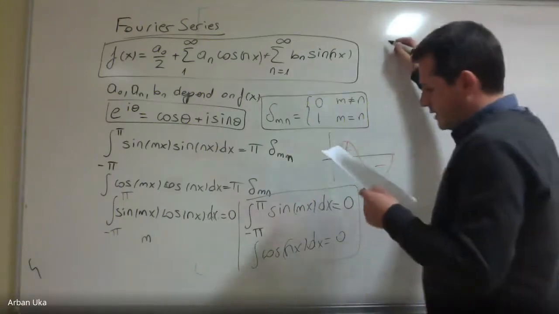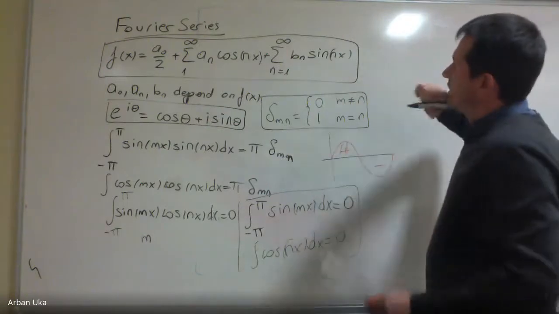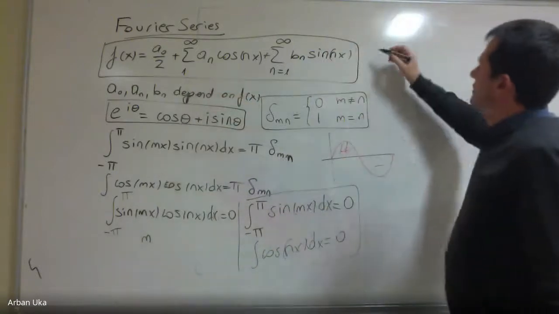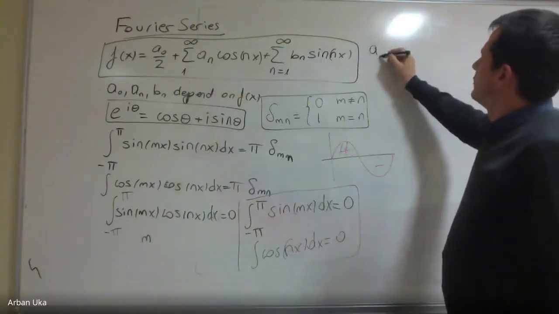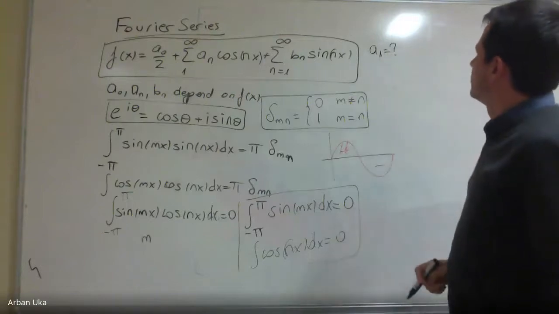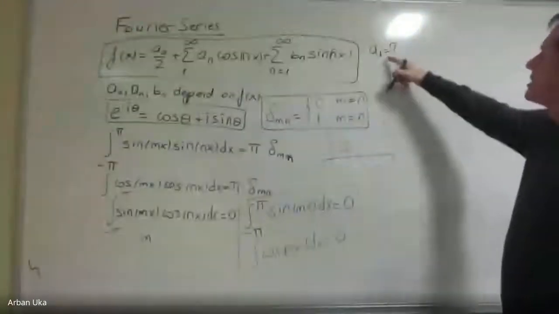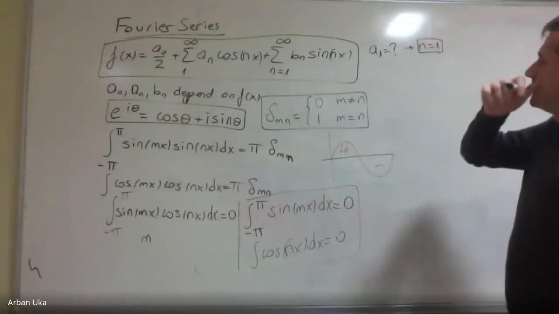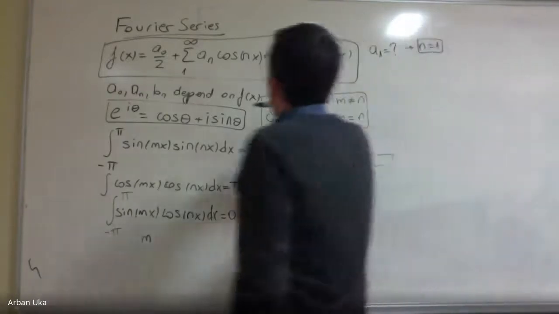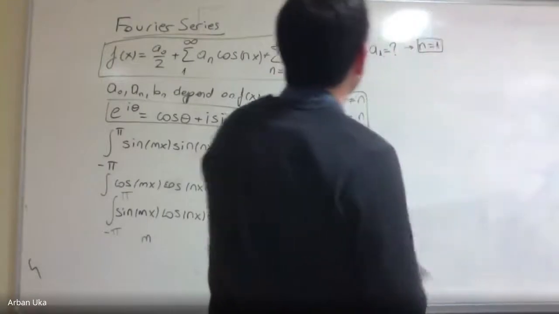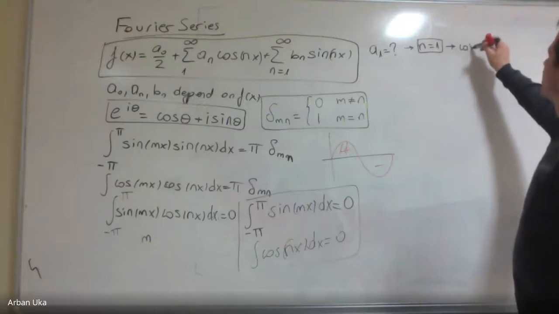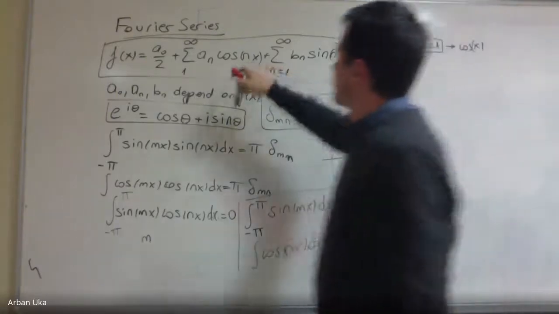So here we can see that if you want to determine, let's say, A1, we notice that this A1 corresponds to when n is equal to 1. And this means that what we can do is multiply with cosine x, because when n is equal to 1, we obtain a term cosine x in this expression.